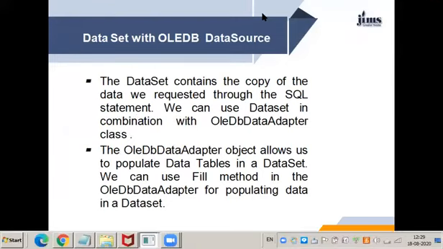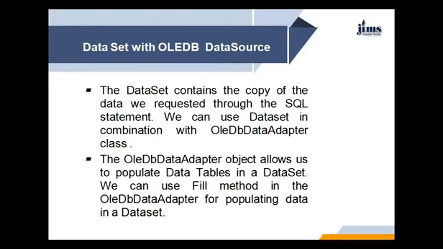So, dataset with OLEDB data source. The dataset contains the copy of the data we requested through the SQL statement. So copy means the dataset actually contains the data we requested through the SQL.